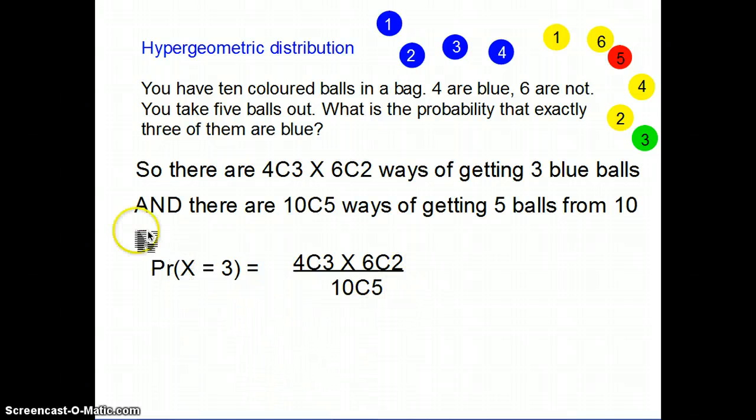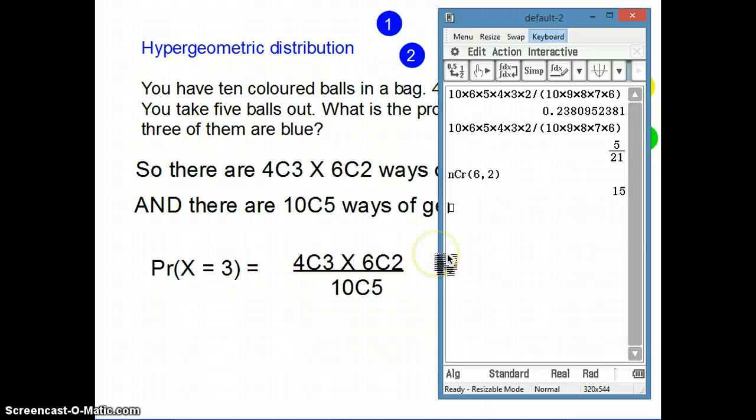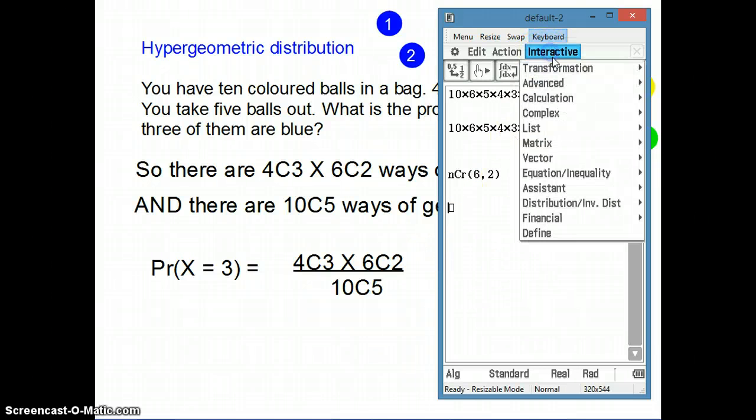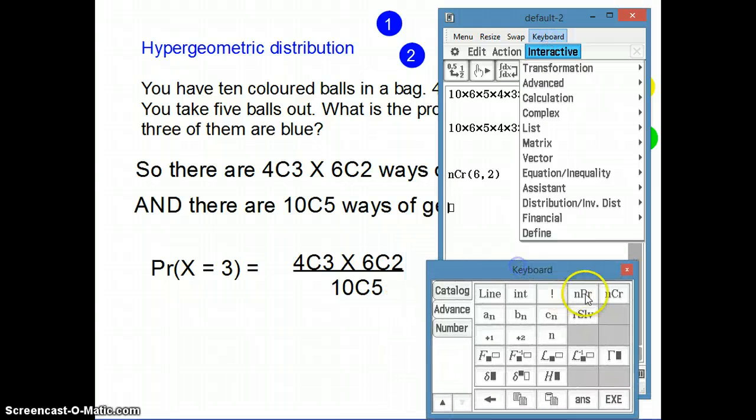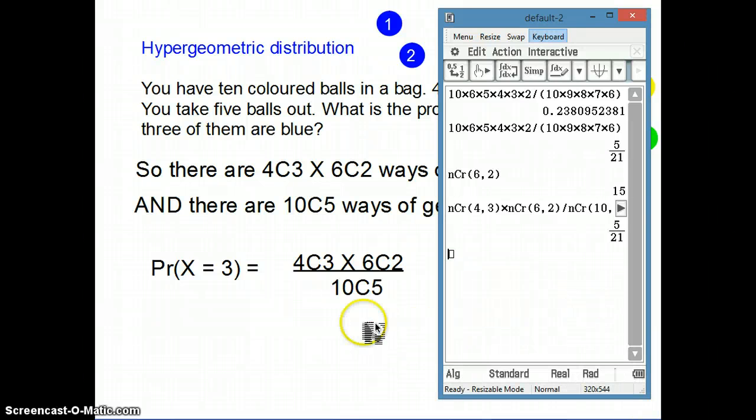If we can do this on the calculator now, if I just bring up the keyboard, we're going to have 4 choose 3 times 6 choose 2, and that's going to be divided by 10 choose 5. So there we go, 5 out of 21, which is what we worked out before.